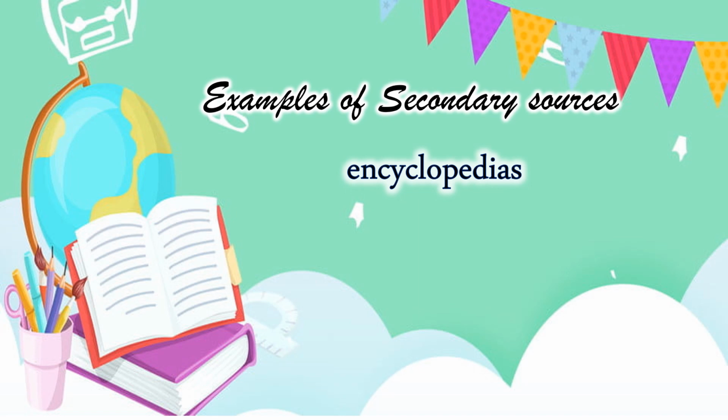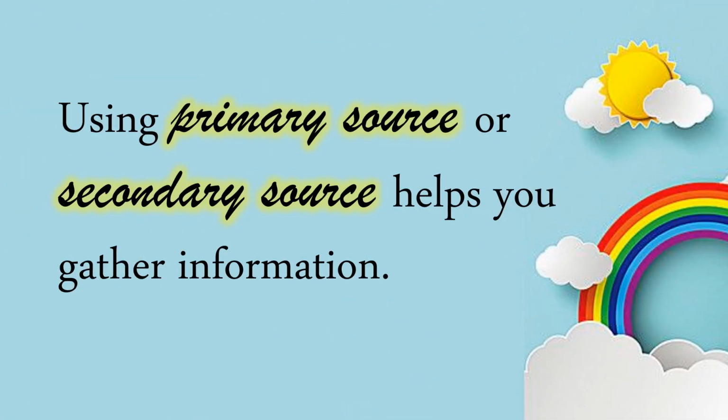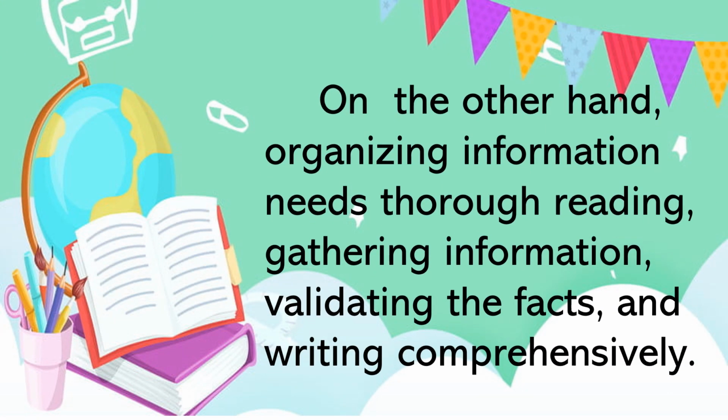We have also encyclopedias, video references, electronic databases. Using a primary source or secondary source helps you gather information. On the other hand, organizing information needs thorough reading, gathering information, validating the facts, and writing comprehensively.